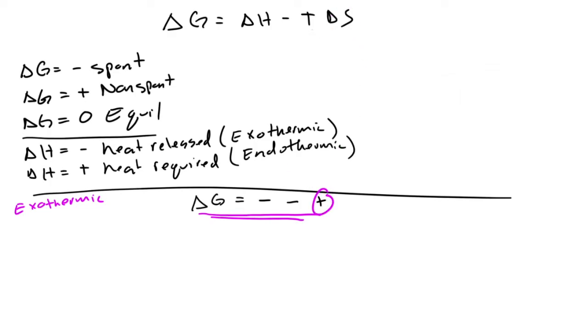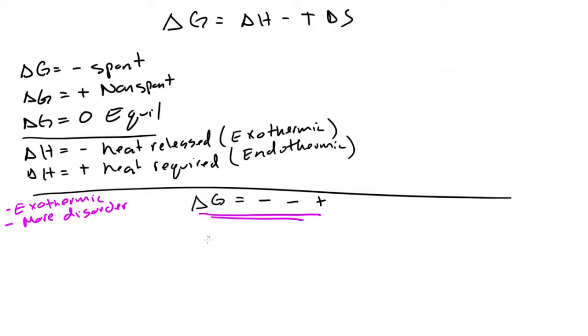So that's telling you that this is going to make more disorder. So if they tell you on Mastering Chemistry the question has exothermic, it's making more disorder, what does that tell you about this delta G over here?